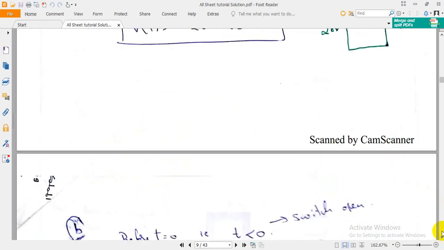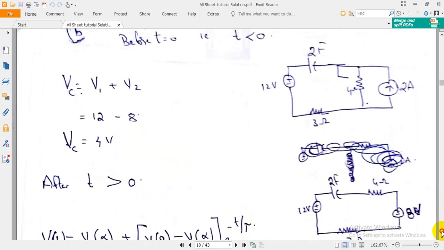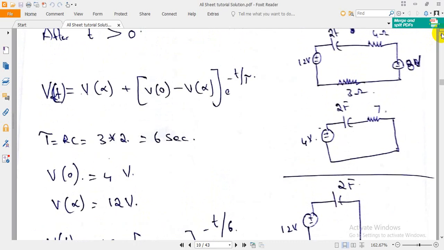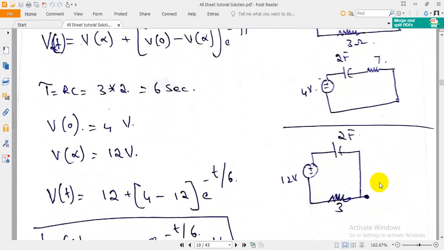You can see here. This circuit, you will get this.